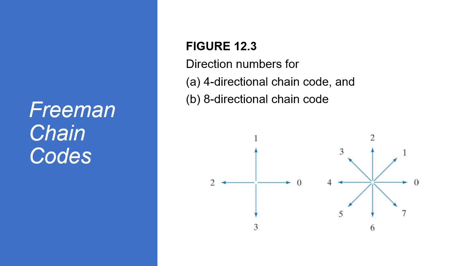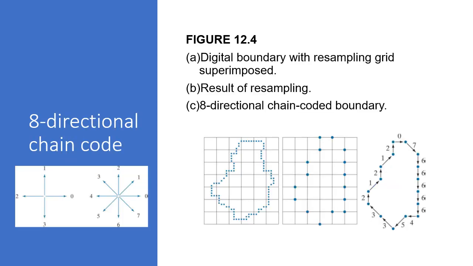We could use either a 4-directional chain code or an 8-directional chain code. In a 4-directional chain code, the directions are labeled by numbers from 0 to 3, whereas in the 8-directional chain code, the directions are numbered from 0 to 7.